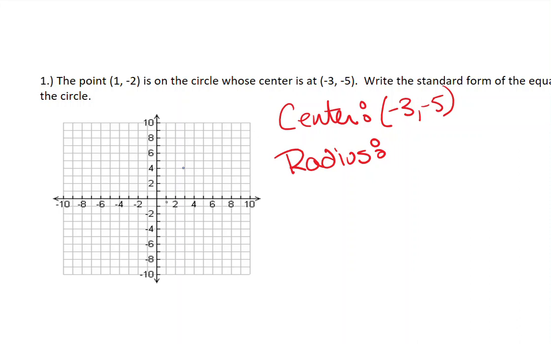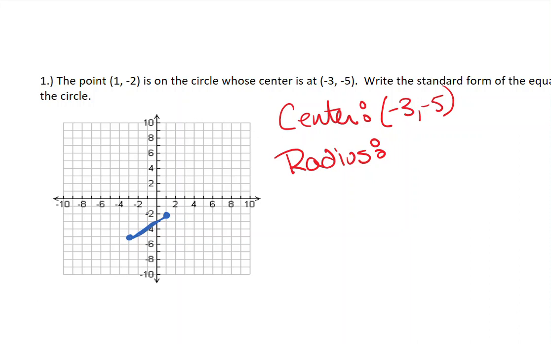If this is 1, -2, here's the center, -3, -5, and this is the outside. This right here is the radius, correct? But I can't count the boxes.